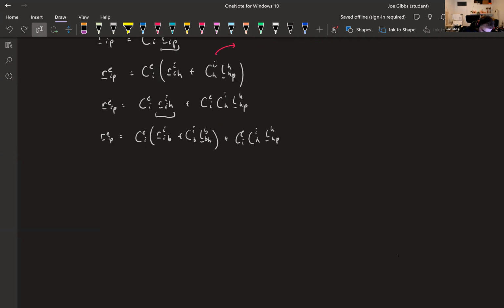Okay, expand it one more time to get everything into our position form. And we'll be left with that.